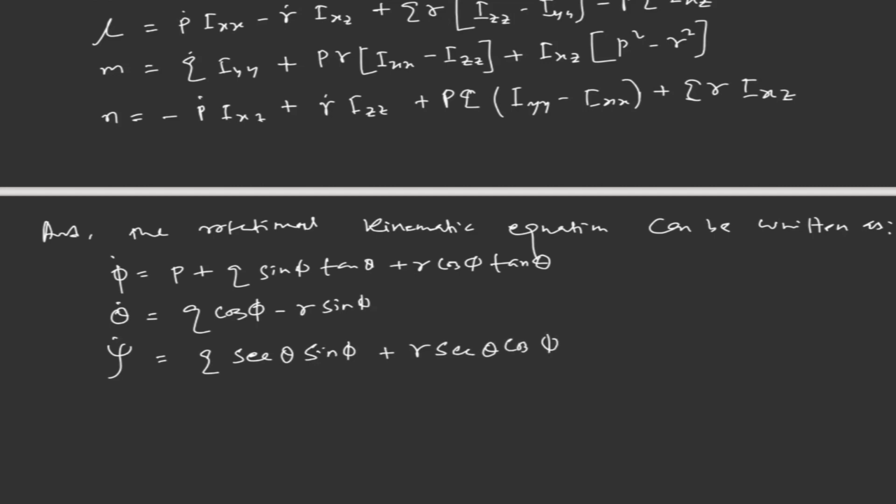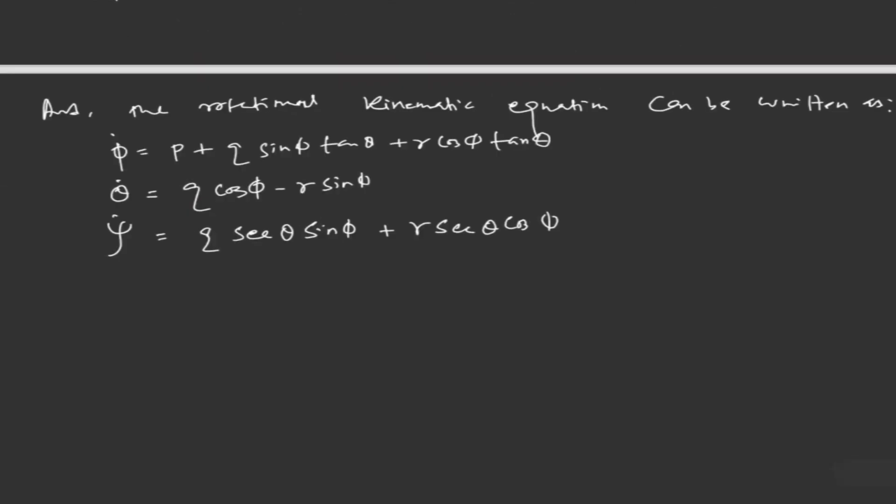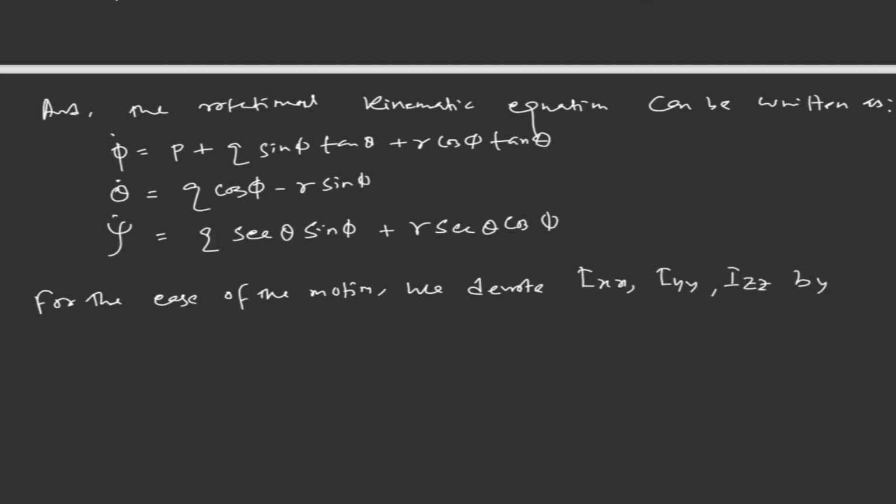So this is the rotational kinematic equation. For ease of notation, we denote Ixx, Iyy, and Izz by Ix, Iy, and Iz.